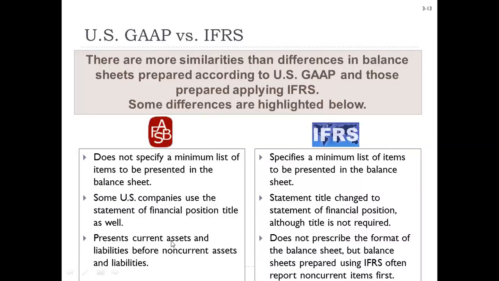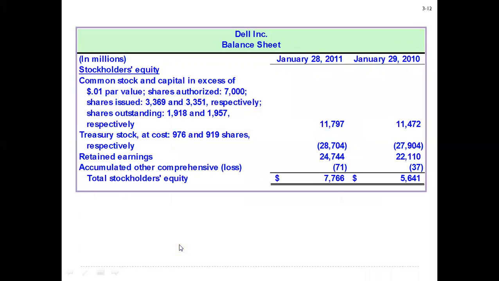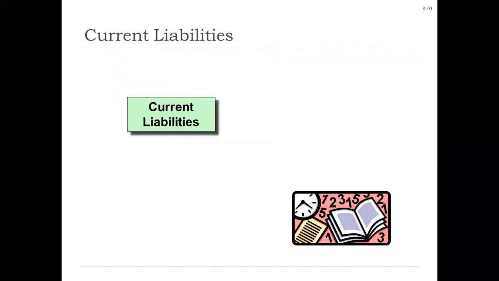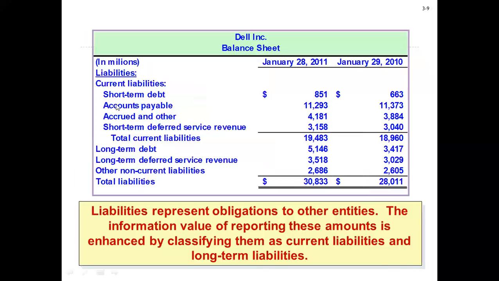US GAAP, the current assets and current liabilities are presented before the non-current. So remember from looking at the liabilities, for example, notice that the current liabilities are listed first and then the long-term liabilities.